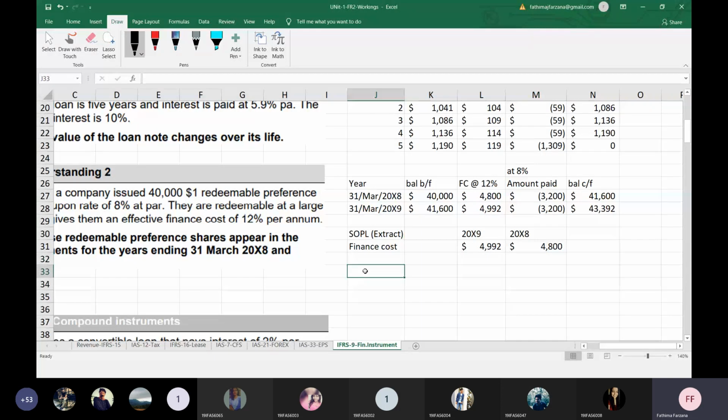Okay, the next is what? This is the extract of SOPL. Now I'm going to prepare the extract of SOFP. Coming to SOFP, I have to show only the non-current liability part.